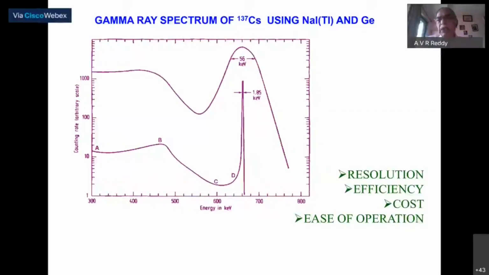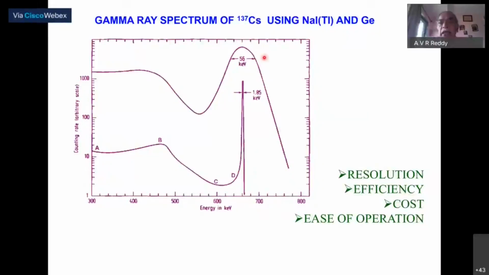Here there is a comparison between a spectrum obtained by a sodium iodide thallium detector and a germanium detector, and the source is 137 cesium. I mentioned it in the radioactivity time, or in the alpha decay, beta decay. This 137 cesium is a gamma standard, which emits 661.6 keV, and this gamma ray is seen as the de-excitation in 137 barium, but attributed to 137 cesium.